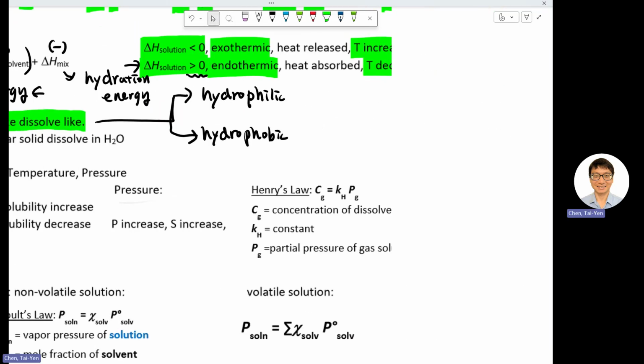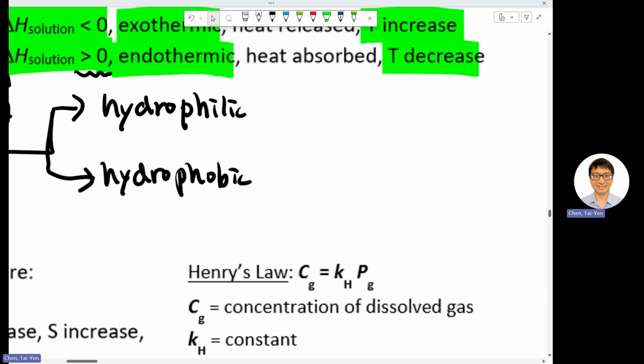hydrophilic and hydrophobic. Anyone know what these two words mean? Yeah, water liker, water hater. So how do you know whether a molecule is a water liker? Polarity? So what's the most important bond in water solution?